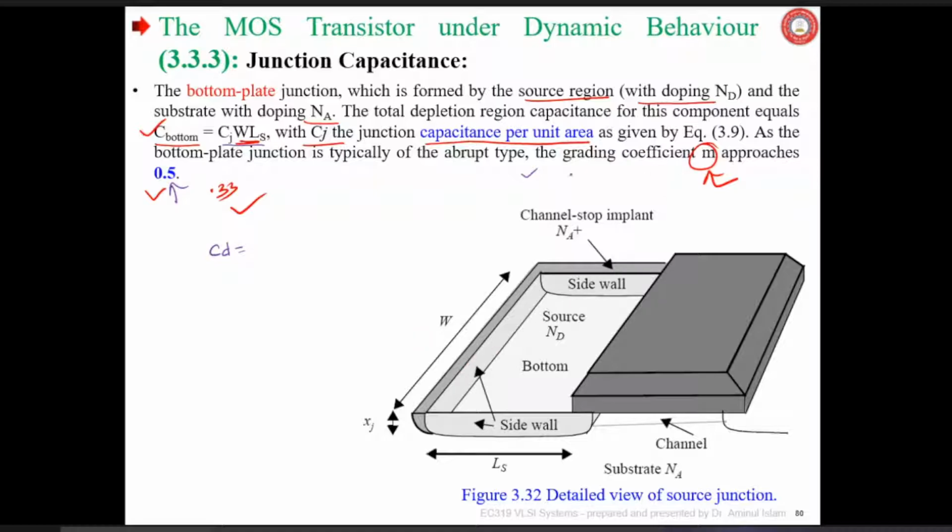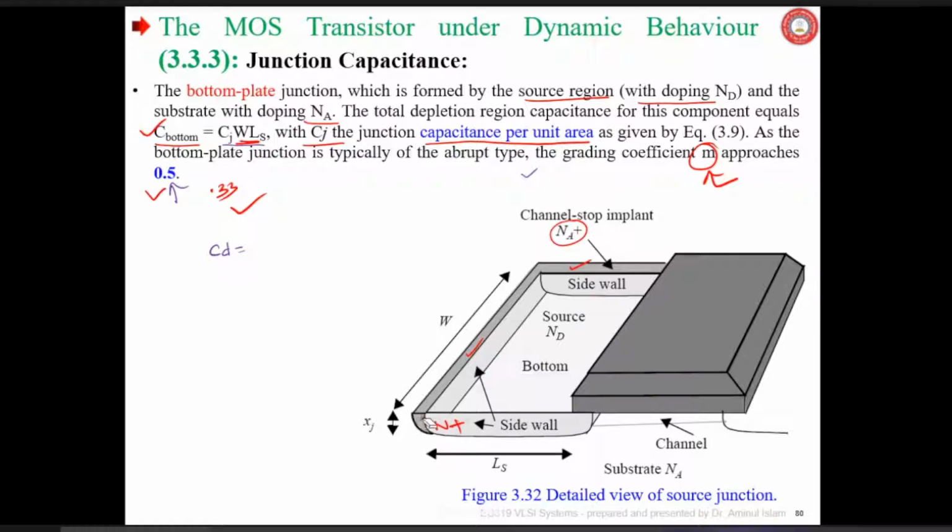That is not the case for the sidewall, this and this, and this side also, the front side also. The front side is not visible. It is N plus type. So both sides are quite highly doped. Already N plus is there here, and this is also P plus.